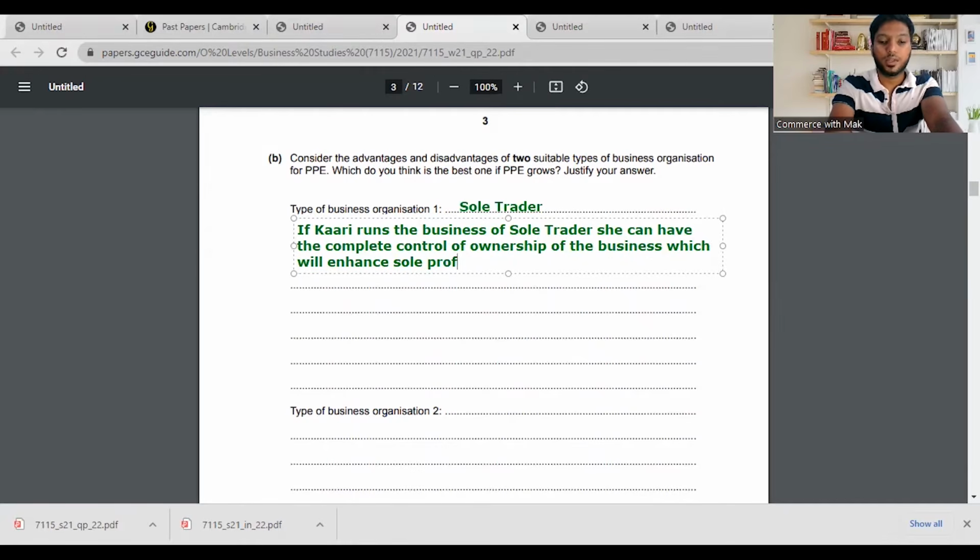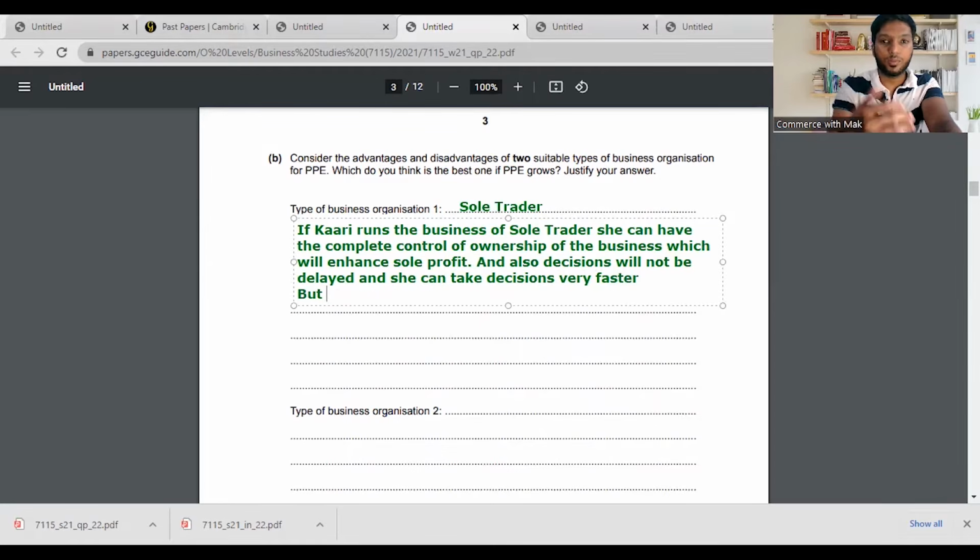Sole profit means the person will have the entire profit and doesn't want to share. And also decisions will not be delayed. She can take decisions much faster.